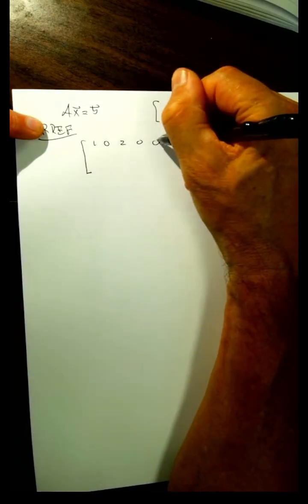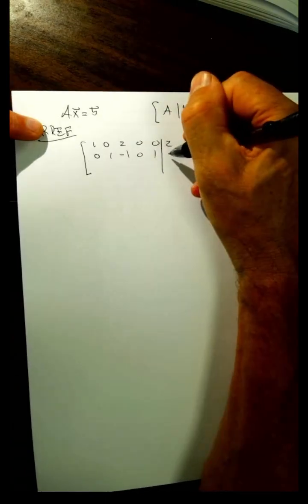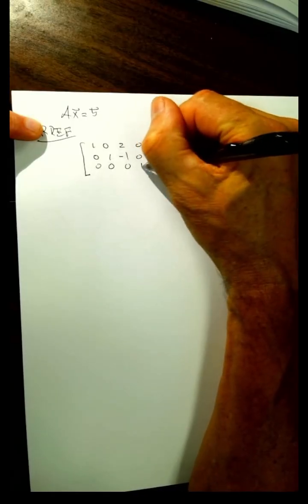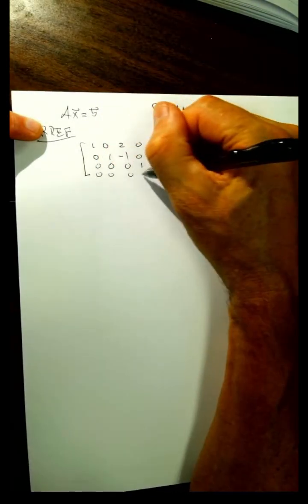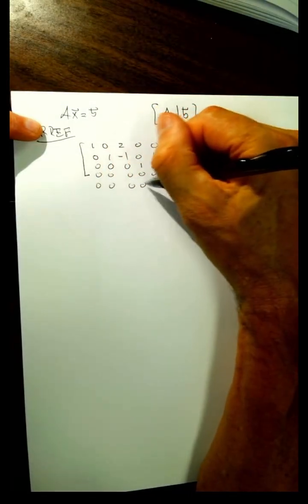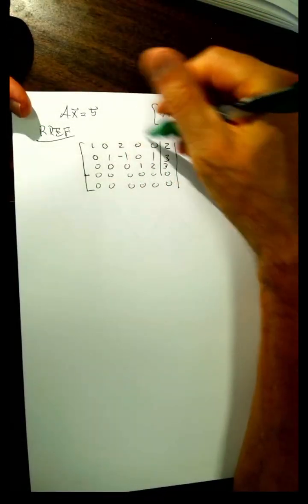So the idea is I can put this in an augmented matrix, and after it's in reduced row echelon form, let's just suppose I got this system of equations, like so. And because of the way we defined the augmented matrix, I know this is my matrix A, and I know I'm going to multiply it by x.